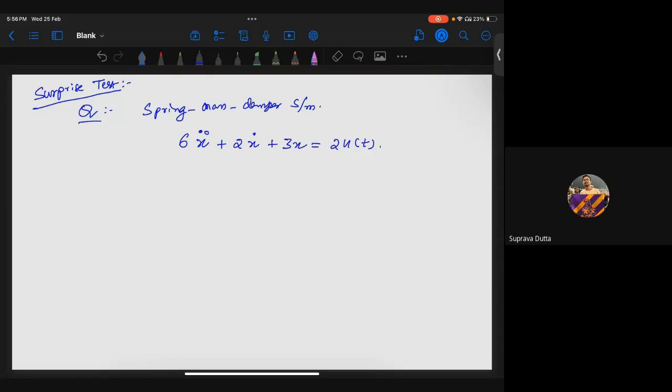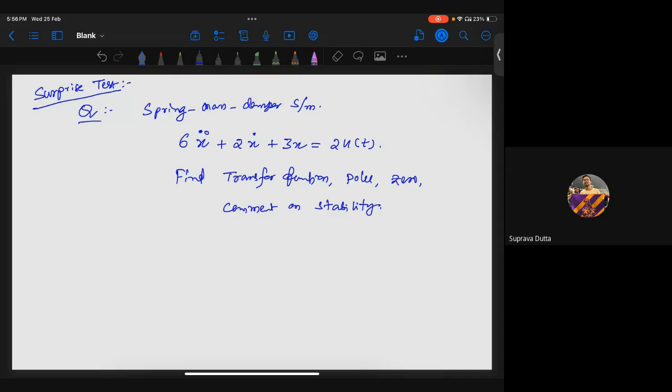Find the transfer function, poles, zeros, and comment on stability. This is the question. You can take 5 minutes, do it quickly, and mail me.